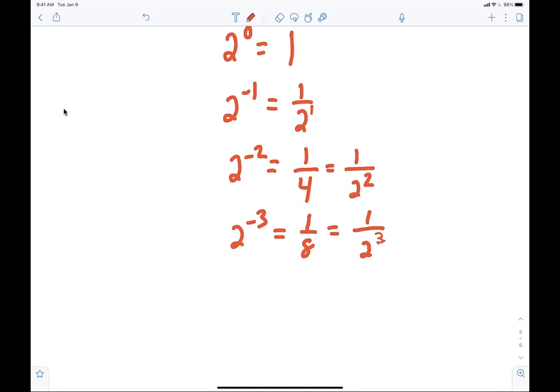If you have a negative exponent, to fix it, you just put it in the denominator. So if I say 2 to the negative 2, you can confidently say that's just 1 over 2 squared. If I say 2 to the negative 3, that's 1 over 2 cubed.